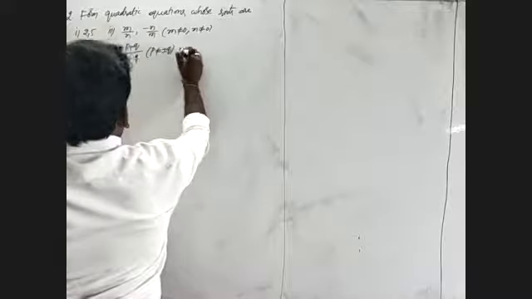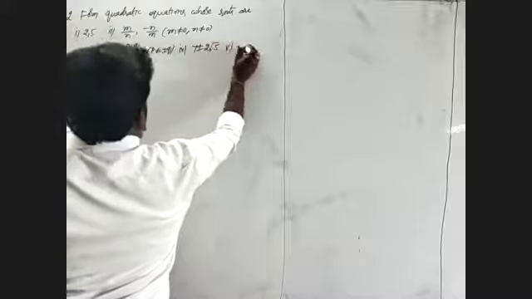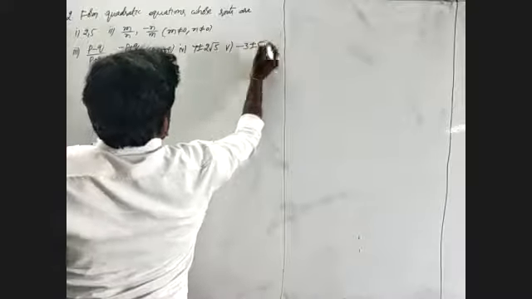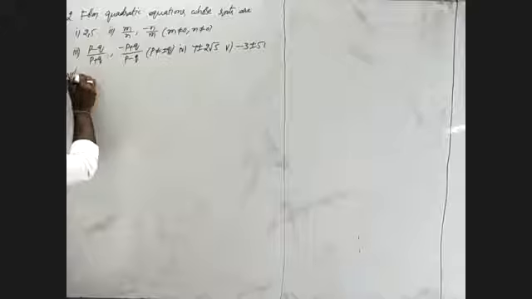The fourth one is 7 plus or minus 2 root 5. Fifth one is minus 3 plus or minus 5i. Form a quadratic equation whose roots are these, 5 problems are given. First, we will note the formula.